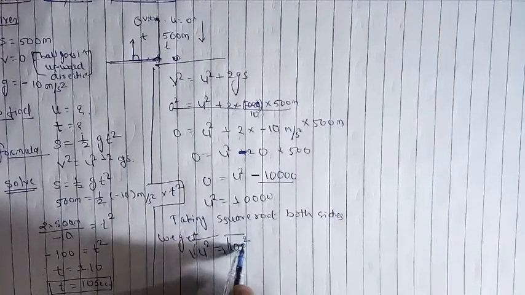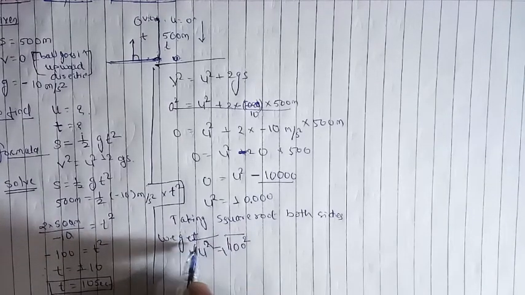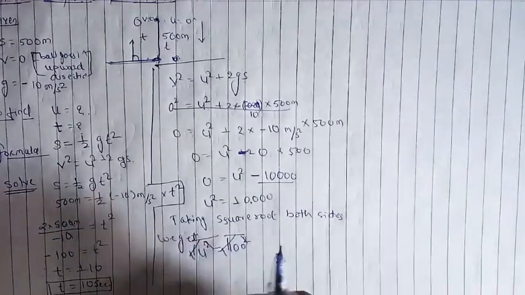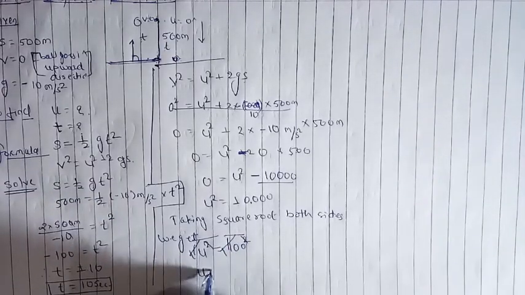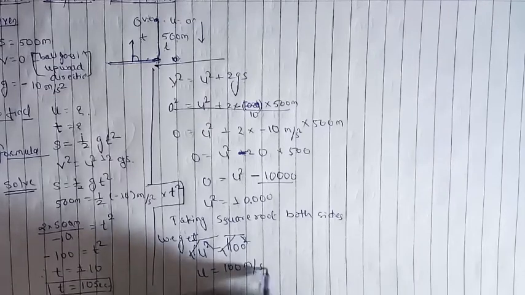See, 100 into 100 is 10,000, so we can write 100 square. So square and root will cancel. So what we will get? u equals 100 meter per second.